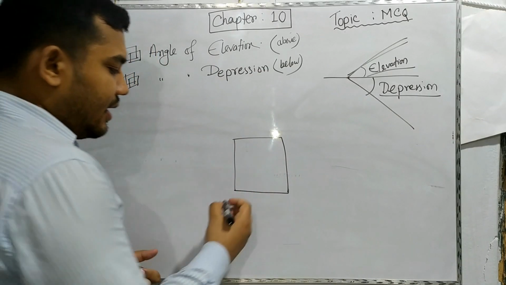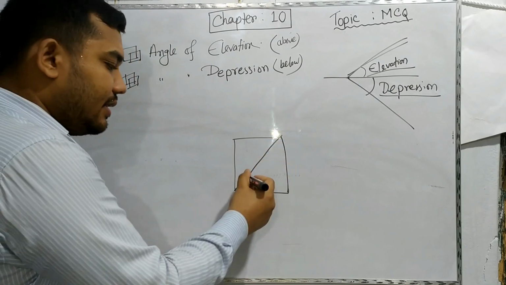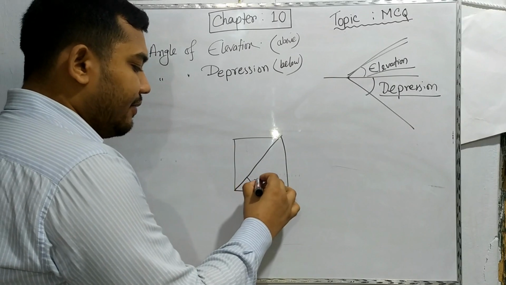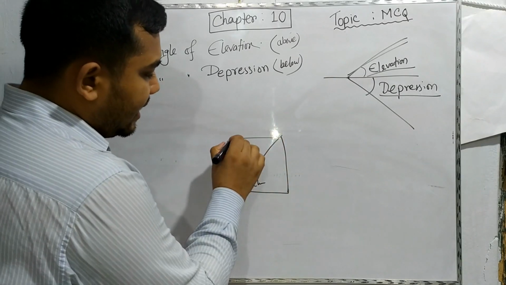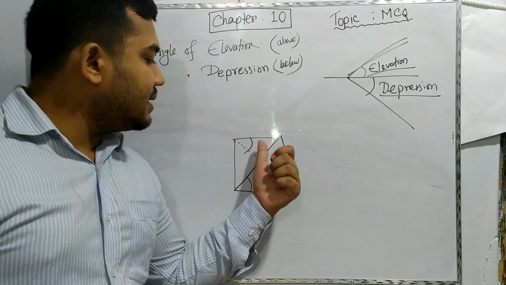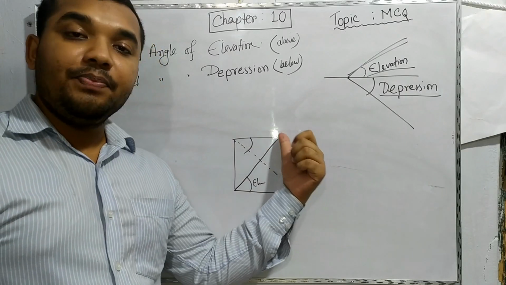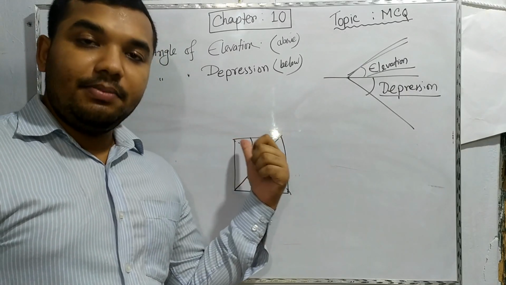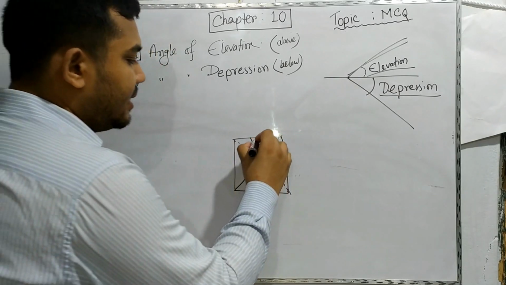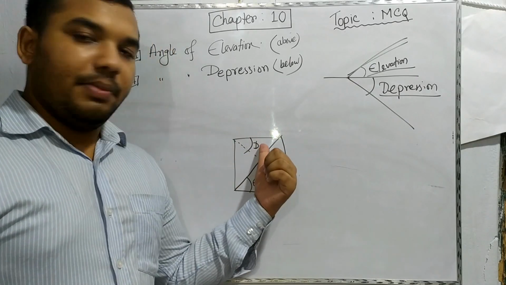In this room, if any angle is created from here to here, then this angle must be known as the angle of elevation. And suppose here another angle has been created below with respect to this plane. This angle is created below. That's why this is the depression angle. So this is the elevation, this is the depression.